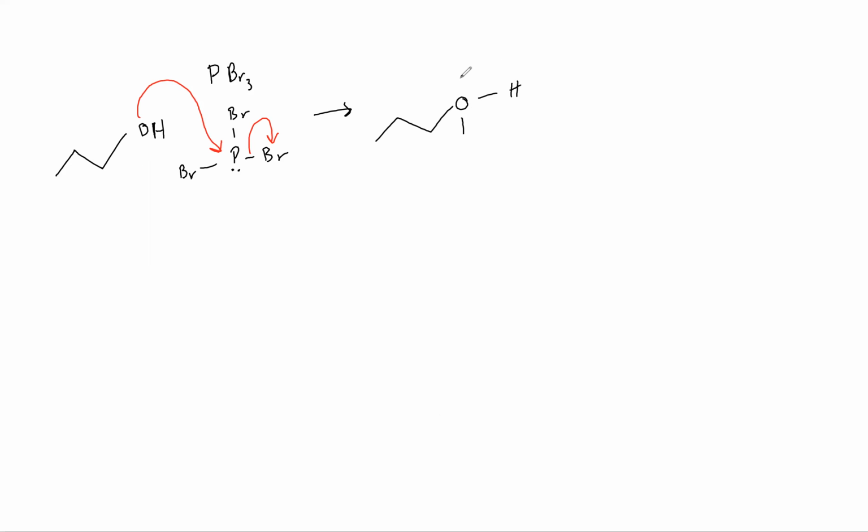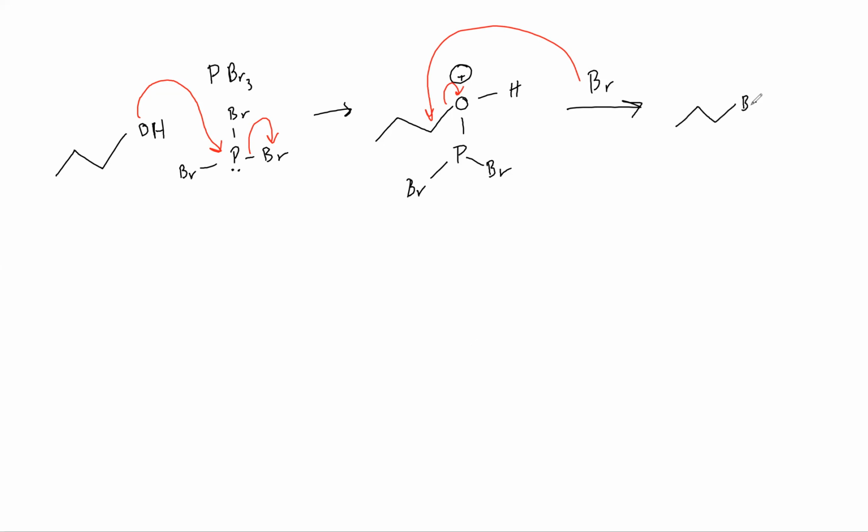Let me see if I can draw this nice and pretty. That should be a P, and then Br, and then that bromine will come along and replace that OH, just like it did when we were talking about the nucleophilic substitution using HBr.